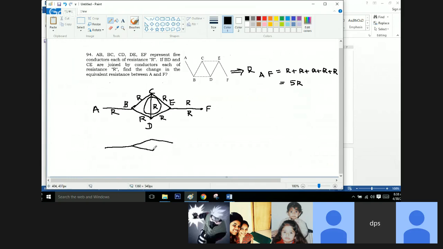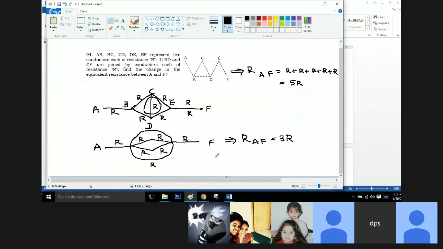R, R, R, R, R, R. So obviously, for this entire thing, what is the resultant? 2R, 2R in parallel, so it is R only. This is A terminal. This is F. This implies that the resistance between A and F is equal to 3R.